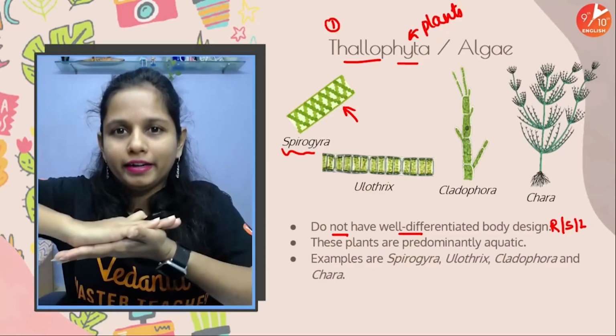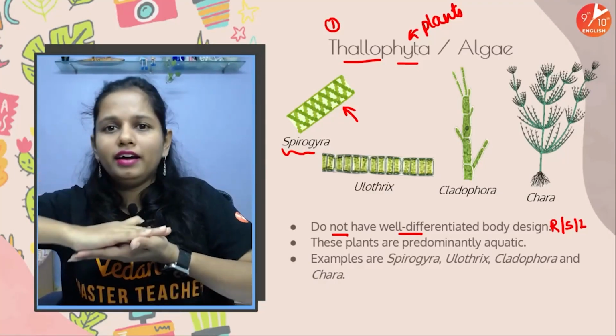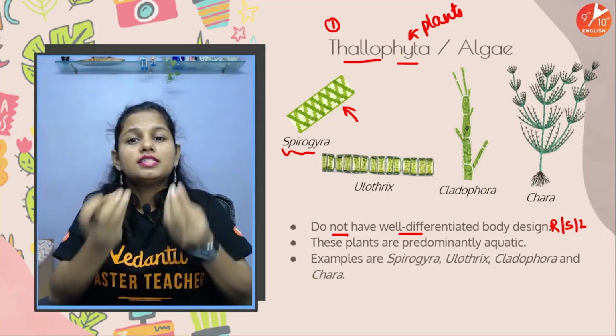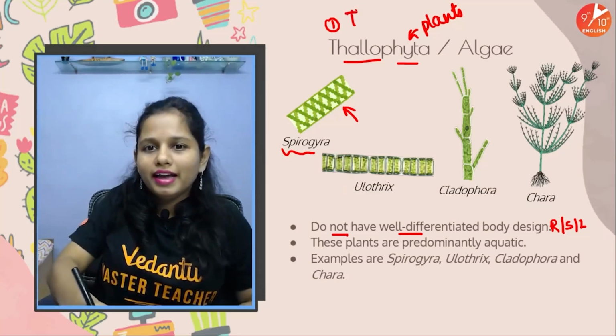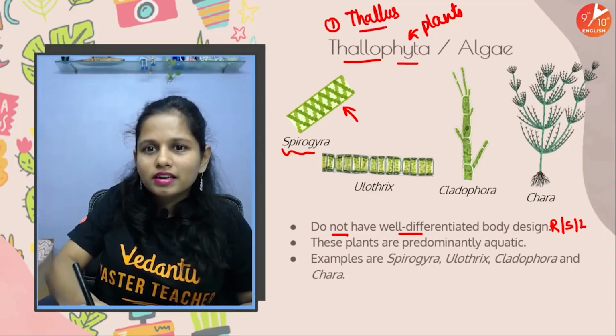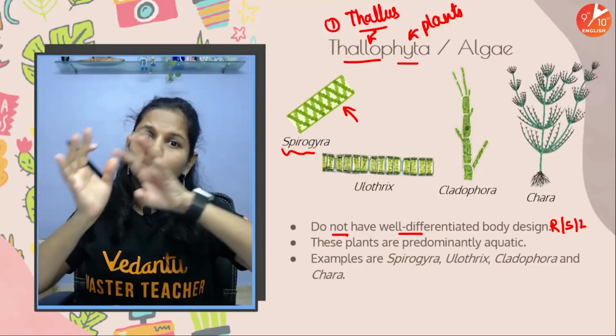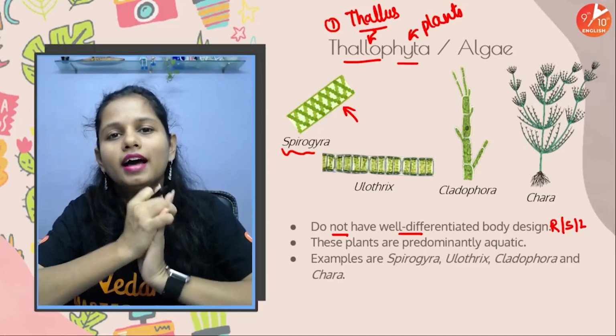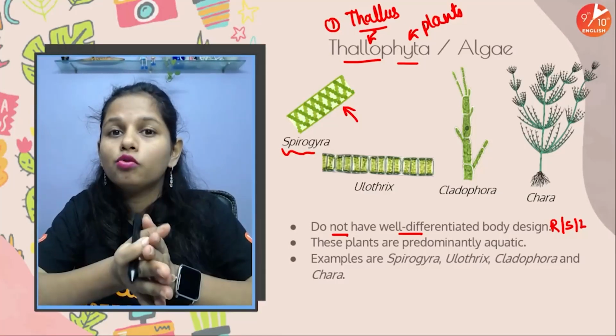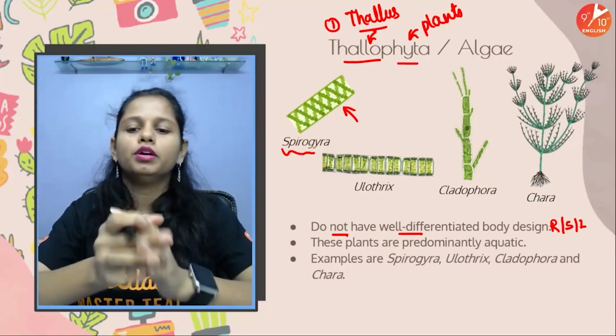Plant body is flat. So when the plant body is usually flat, when it is undifferentiated, such a plant body is called as thallus. As the plant body is thalloid, all the plants belonging to this particular category are referred as Thalophytes. Okay, perfect.